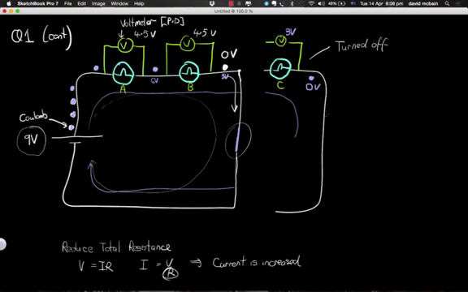Of course, originally that would have been 0 volts over here. The difference in potential across this globe is 0 volts because no current's flowing through it.